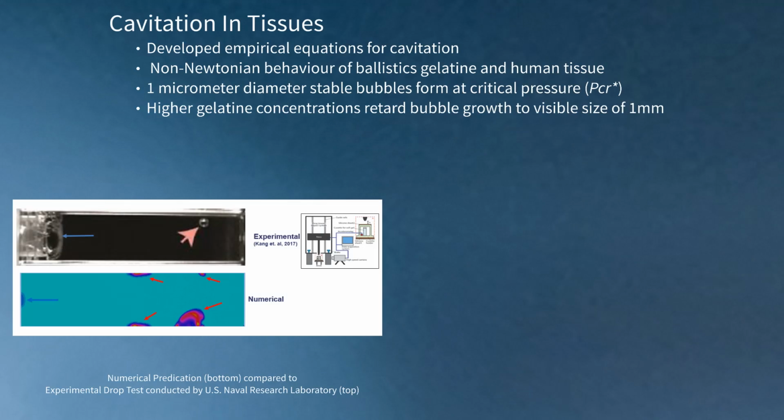And to validate our models, I conducted and developed empirical equations for cavitation, allowing for non-Newtonian, shear thickening behaviour of both ballistic gelatin and human tissue, and validated my numerical model, as shown on the bottom of the diagram, to experimental results developed by the United States Naval Research Laboratory. And the numerical model was able to predict the same behaviour and same cavitation locations.